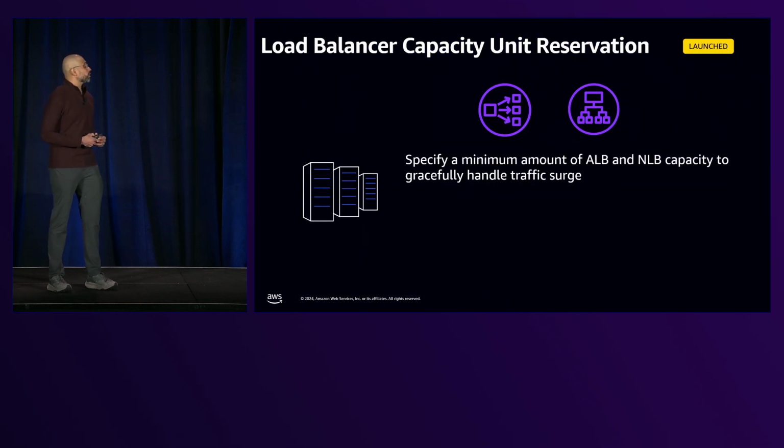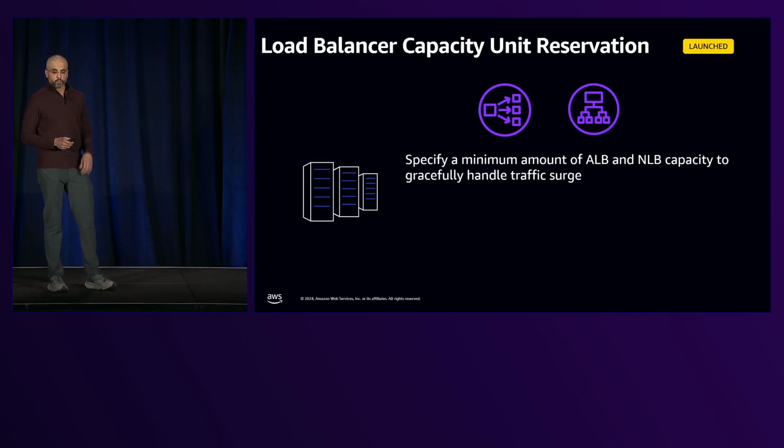Another feature that we recently launched is load balancer capacity unit reservation, which is available on both ALB and NLB. With this feature, you can set a minimum floor for load balancer capacity to handle a surge in traffic. For example, streaming a sports event, or you have an e-commerce platform that needs to support a flash sale.